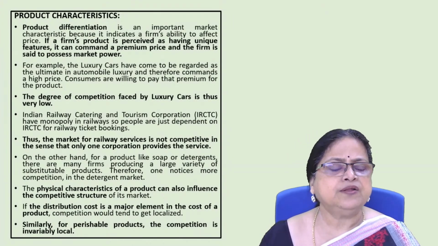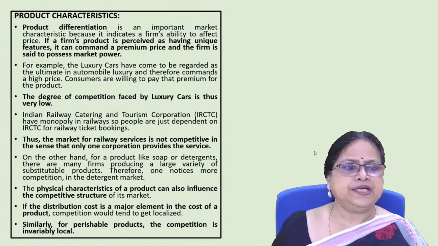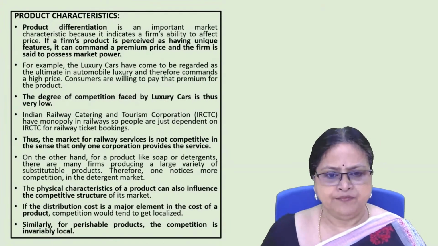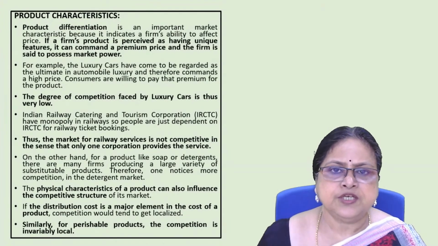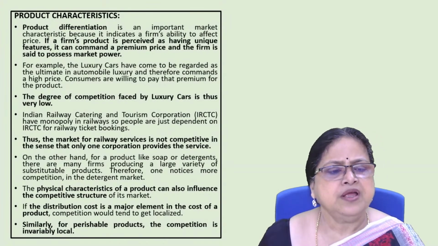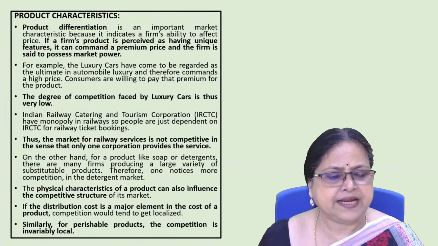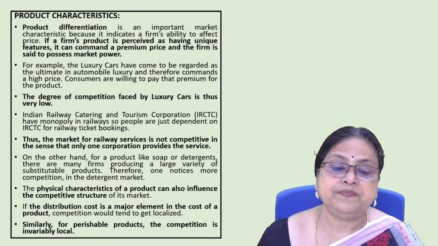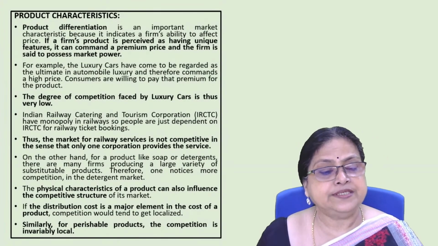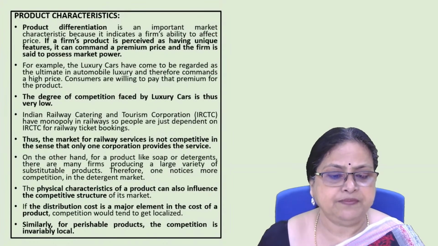On the other hand, for a product like soap or detergents, there are many firms producing a large variety of substitutable products. Therefore, you find that there is more competition in the detergent market. The physical characteristics of the product also can influence the competitive structure of the market.